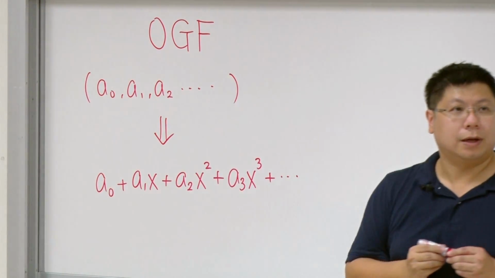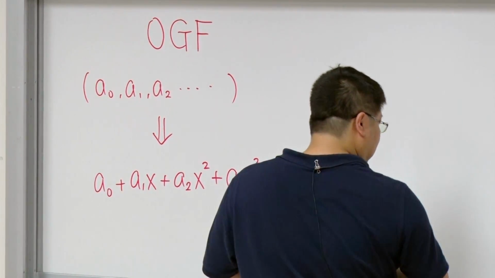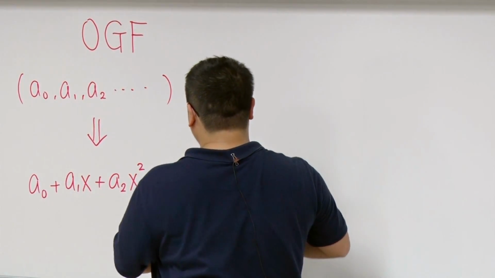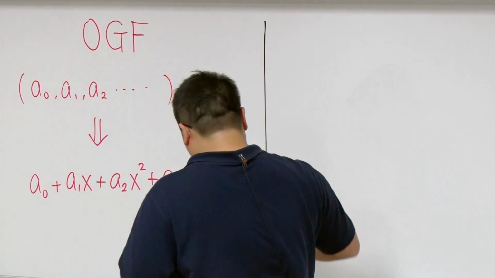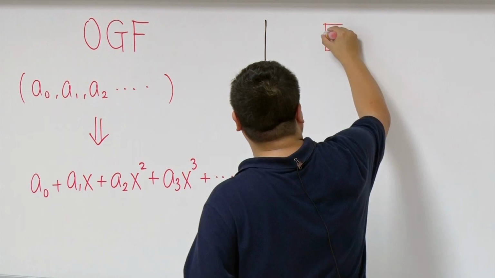Is that okay? O stands for ordinary. Now, the exponential generating function, we usually call it EGF.